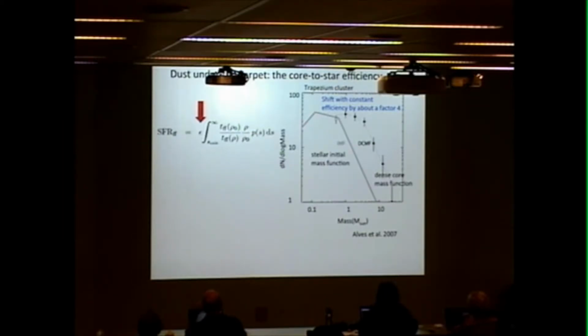This is the observed IMF. This is the observed dense core mass function. And what you see is that the dense core mass function has the same shape as the IMF if you just shift the gray line by about a factor 4 or so. So that's what this dashed line is, simply the gray line shifted by a factor 4 or so. So it means that this epsilon parameter is like 25, 50%.